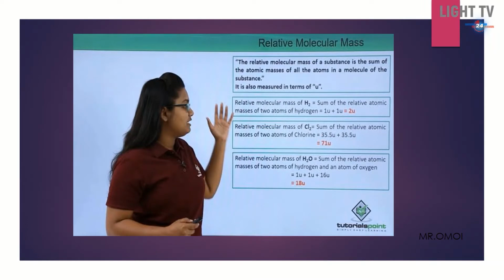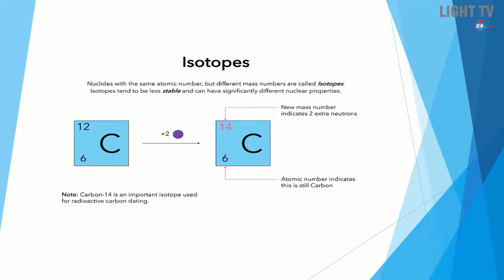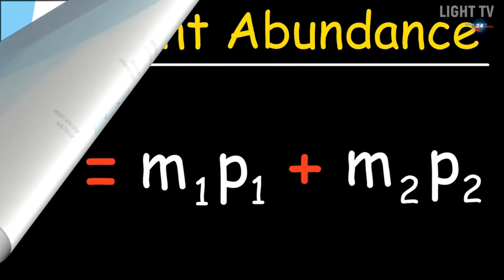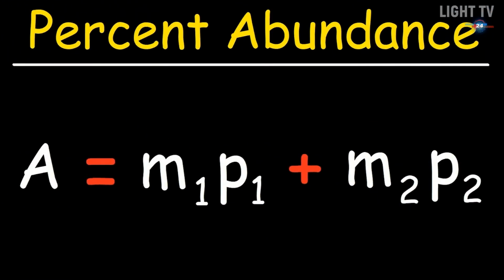Now I want us to look at how to calculate the relative atomic mass of isotopes. I want to say something very important. To calculate the average relative atomic mass of a mixture of isotopes, you need to multiply the percentage abundance of each of the isotopes by its mass, and then add these together.